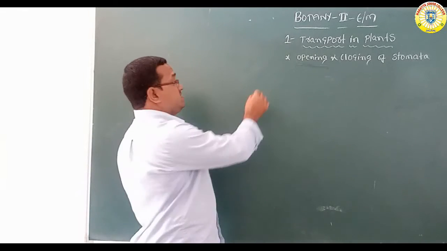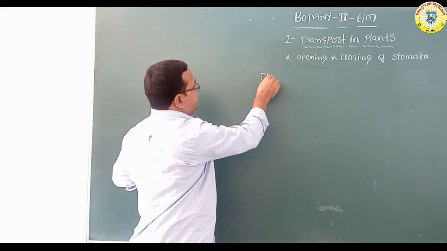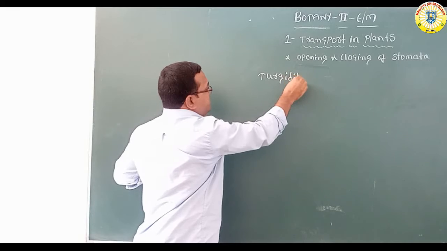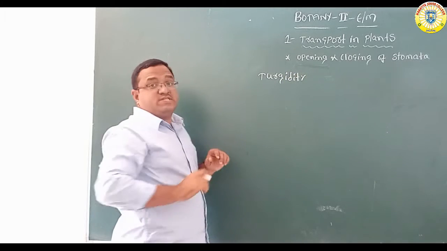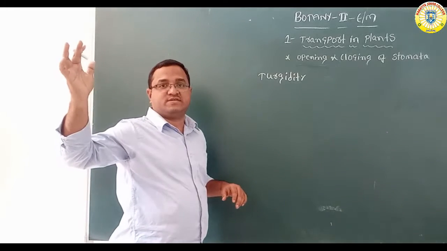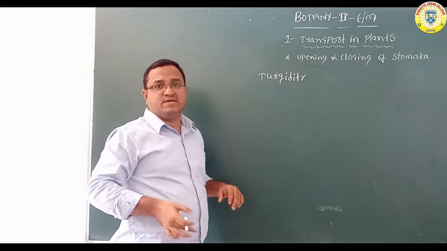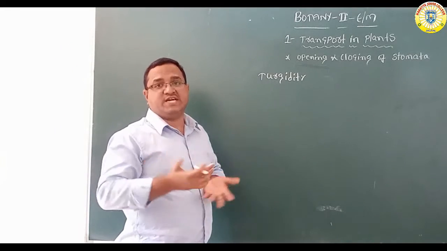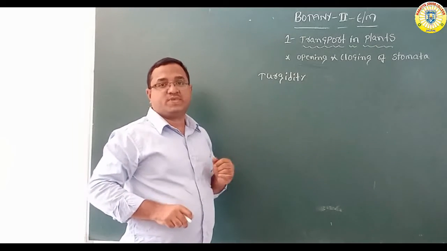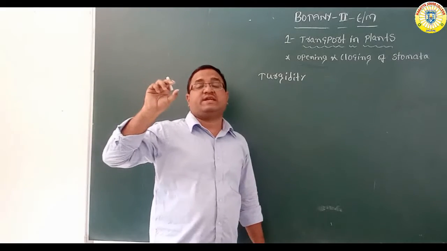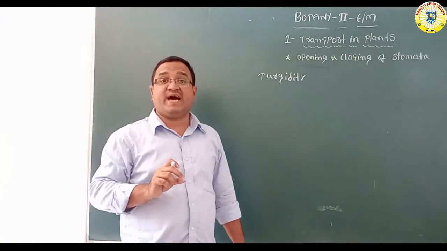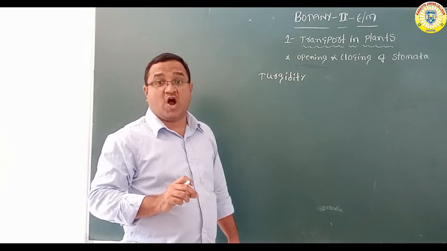So the main reason for opening and closing of stomata depends on turgidity of the guard cells. What is that turgidity? Turgidity means swelling of the guard cells. Whenever the guard cells absorb water, they increase in size. That is called swelling, that is called turgidity.